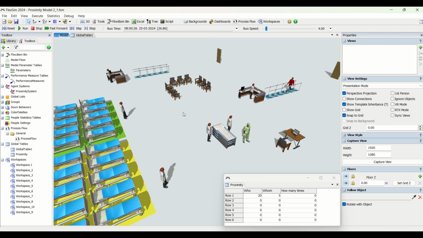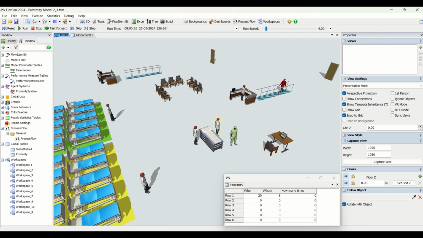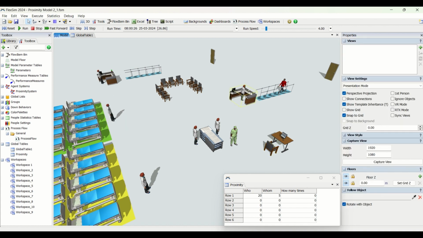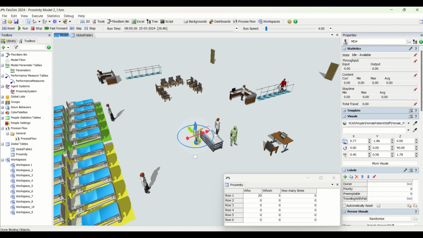I'll stop the model now because I want you to understand what these healthcare people are going to do, so that we can find out the interactions. This receptionist is assisting the patient to come to the waiting area. This doctor assistant, whenever a patient leaves the doctor's cabin, will go and inform the receptionist about the patient details.